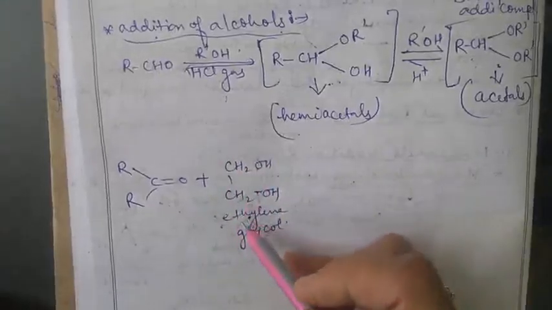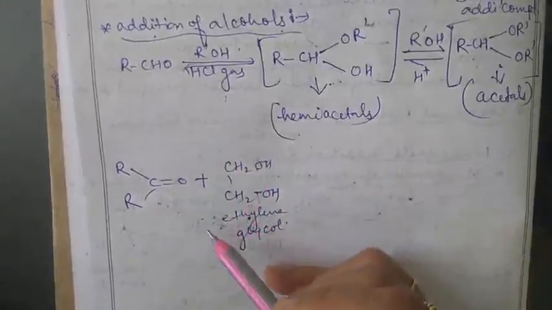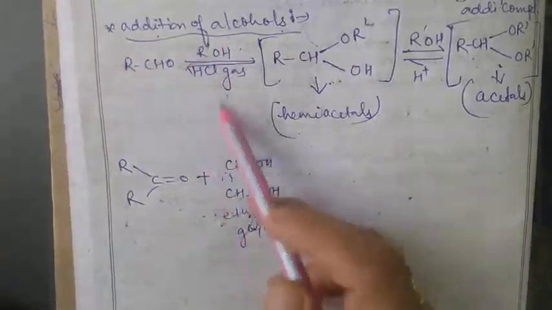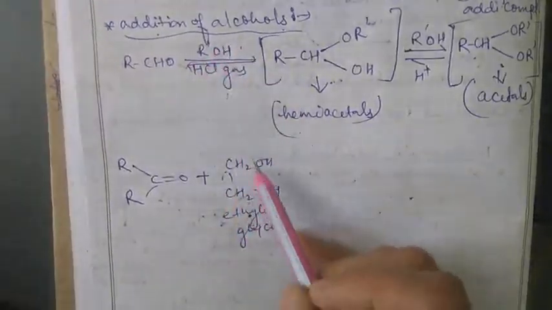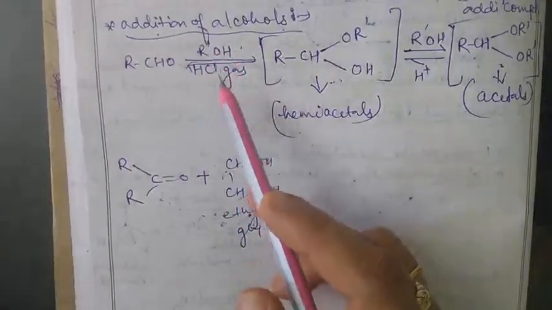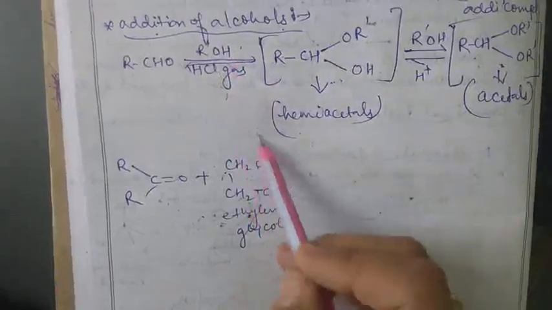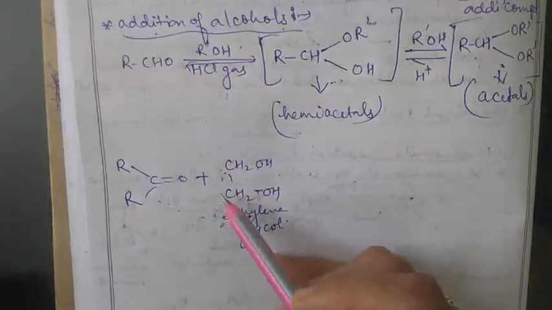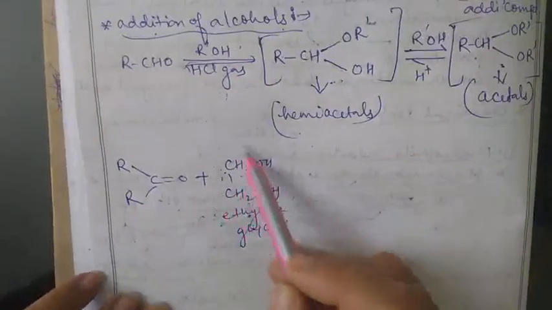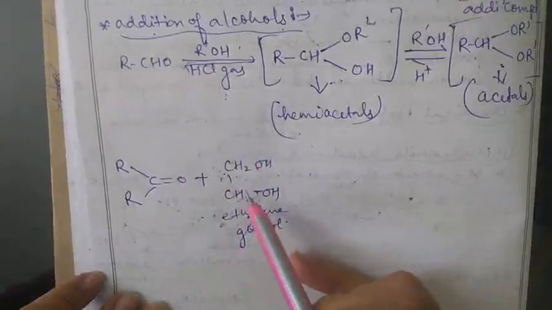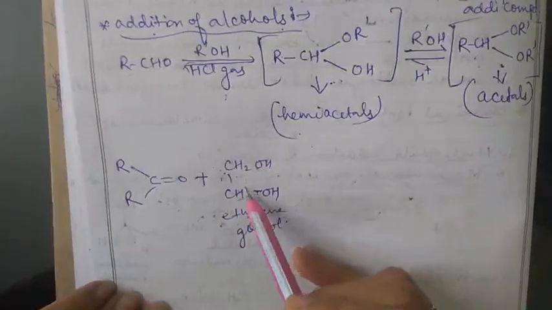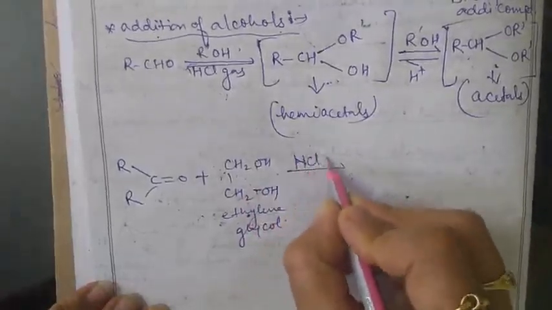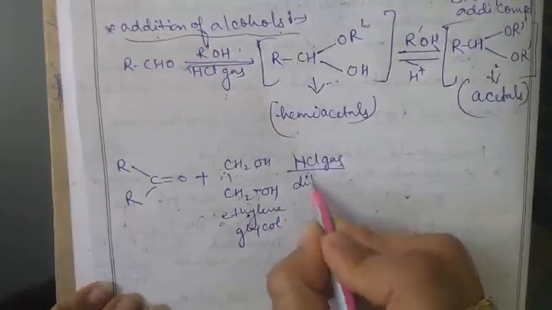The ketone reacts with ethylene glycol under similar conditions to form a cyclic product. That cyclic product is called ethylene glycol ketal. That is with HCl gas, dilute HCl.